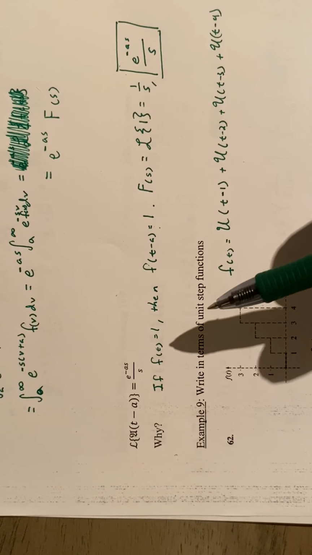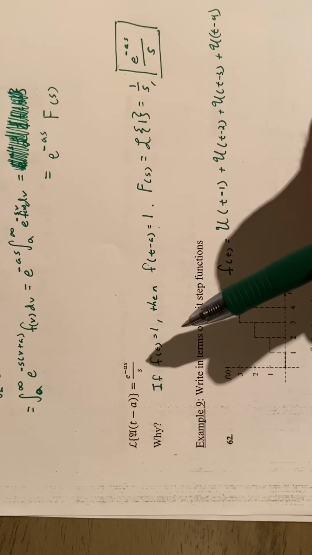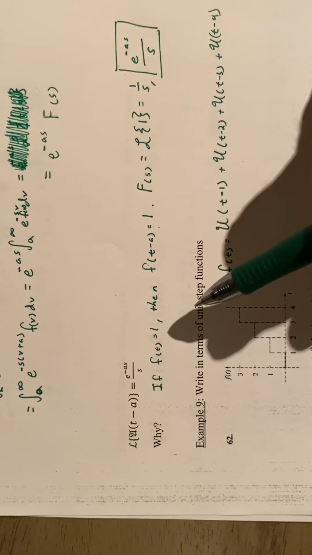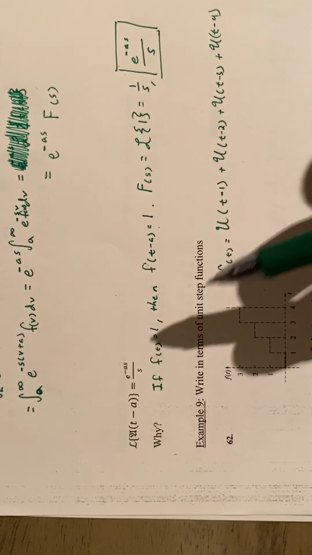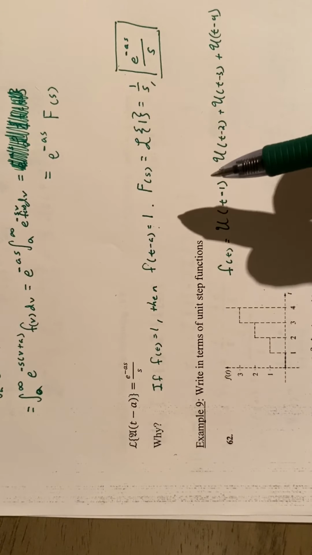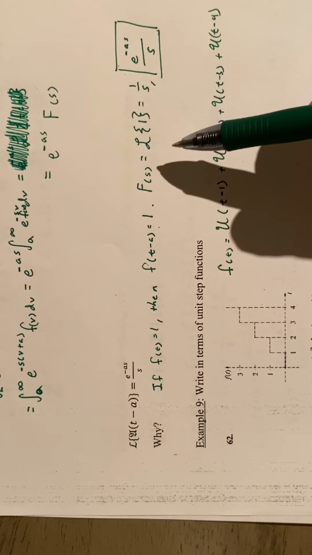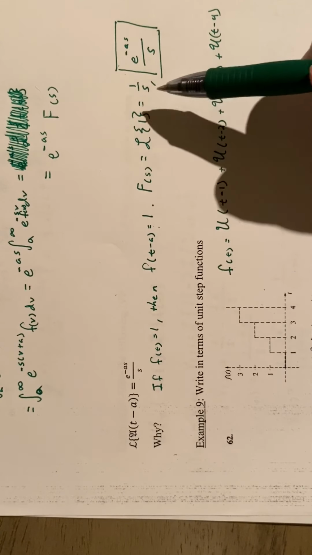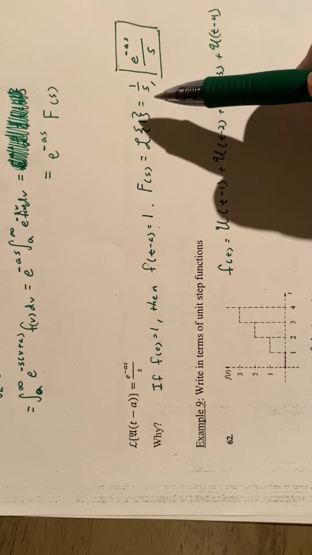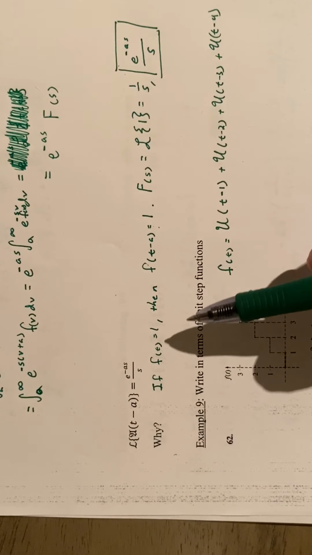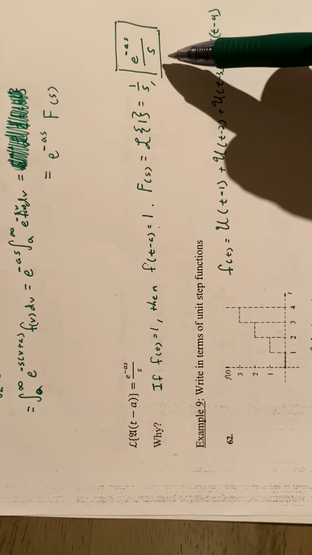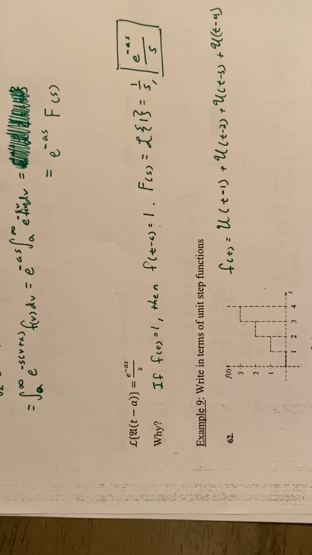So if I do the Laplace transform of just a constant, or 1, that's just going to give me 1 over s. So I'm multiplying 1 over s times e to the negative as, which is going to give me that value.